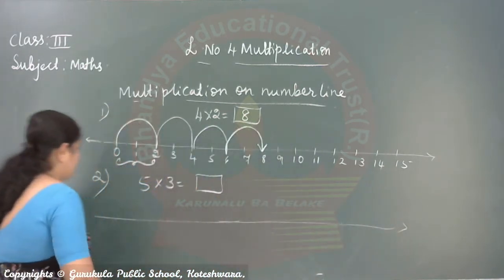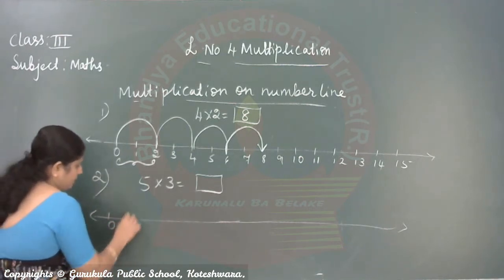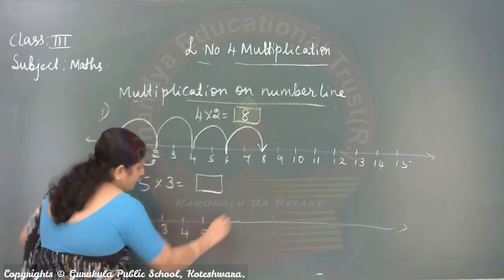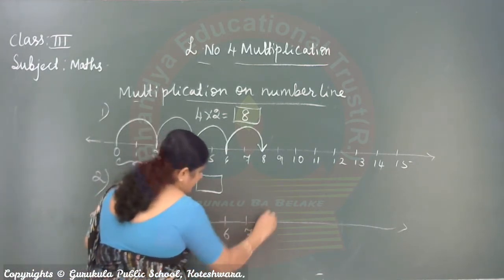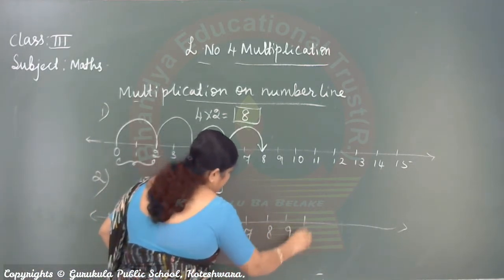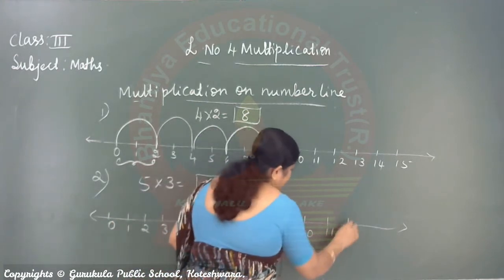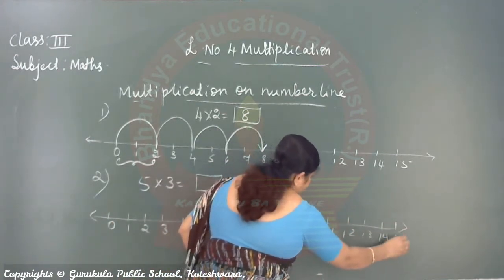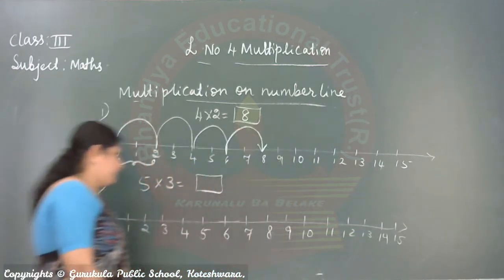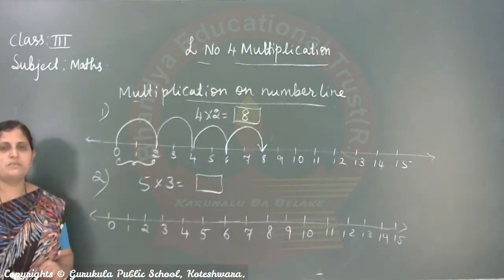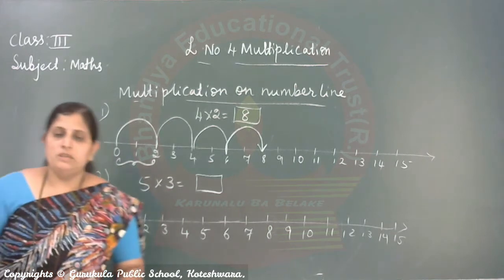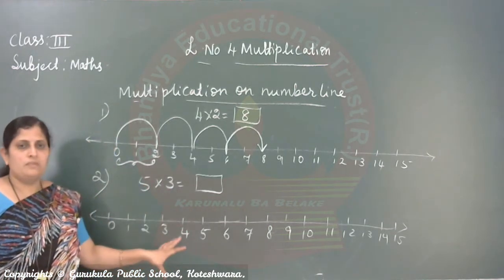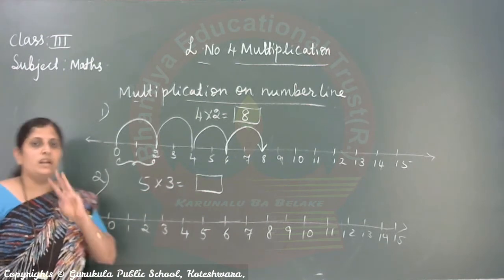You have to write here number line 0, 1, 2, 3, 4, 5, 6, 7, 8, 9, 10, 11, 12, 13, 14, till 15 I have written here. So here how many jumps do we have to take? 5 jumps. How many steps? 3 steps.